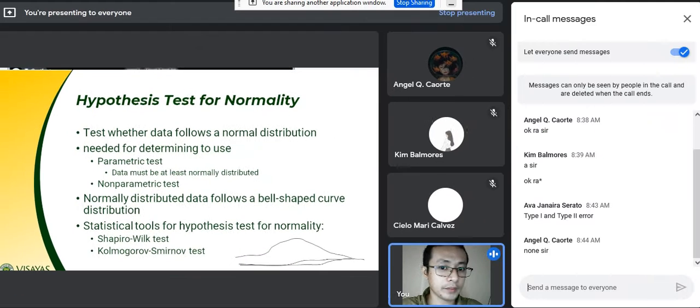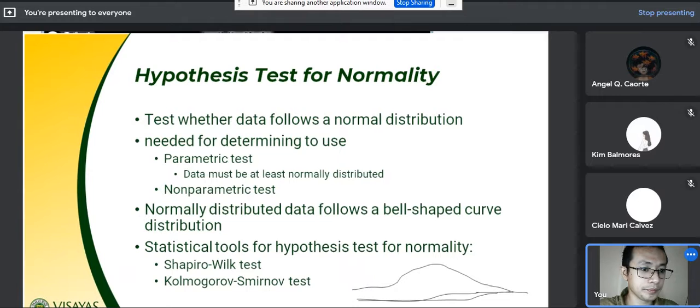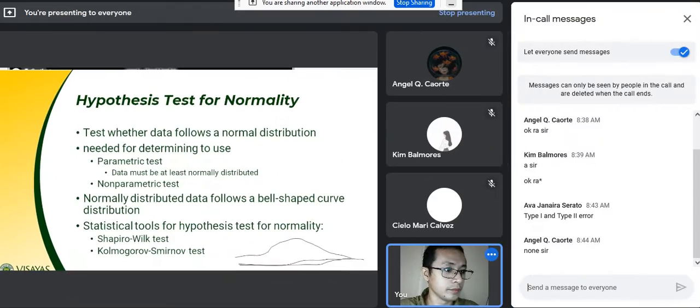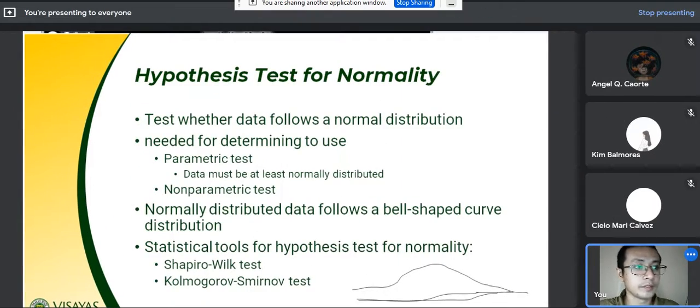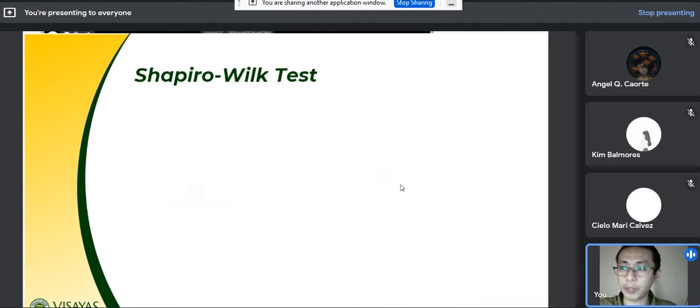Class, first time? Class, are you still there? Okay, first time. So again, this might be your first time to encounter these terms, but we'll go through these different statistical tools.